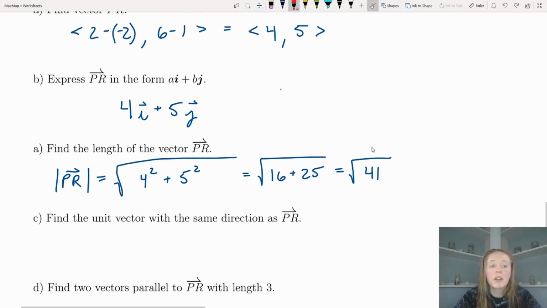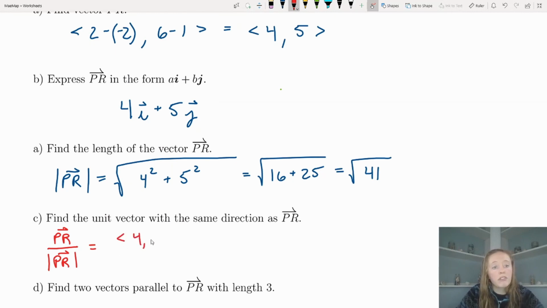So in our next part, we're going to find the unit vector with the same direction as PR. So remember, that same direction, just make it a unit vector. So we're going to take vector PR and divide it by its own magnitude. That will give us a vector in the same direction as PR that has a length of 1.